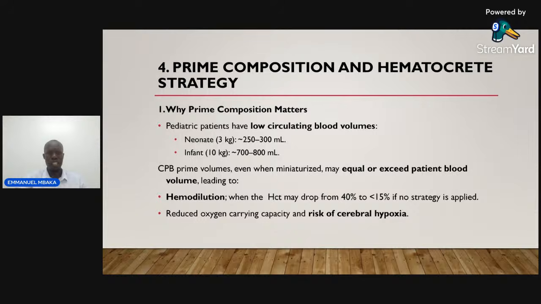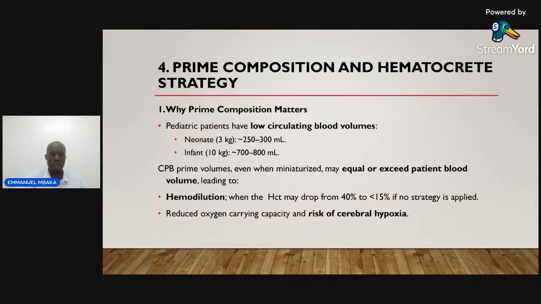So let's ask ourselves why prime composition matters. Pediatric patients have low circulating blood volumes. For example, a neonate who is 3 kg has a blood volume between 250 to 300 mils. An infant, for example, who is 10 kg, has a blood volume of around 700 to 800 mils.